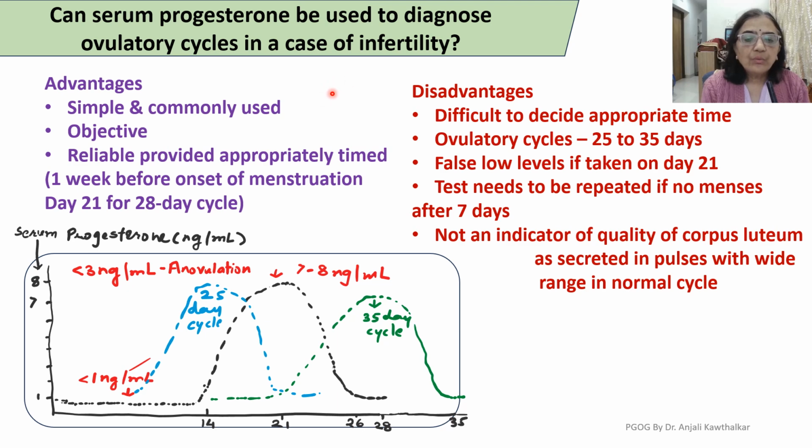If you are asked whether we can diagnose corpus luteal insufficiency by doing serum progesterone estimation, your answer should be no, because there is a wide range of fluctuation in a normal cycle also because of its way of release from corpus luteum, which is in pulses. Ups and downs are there normally also, and that is why this level is not going to help us to diagnose luteal phase defect or corpus luteal insufficiency.